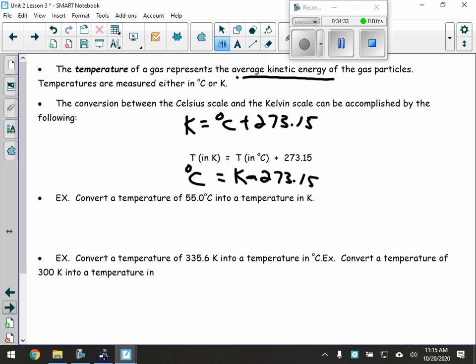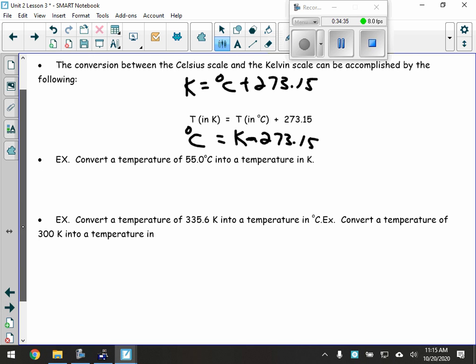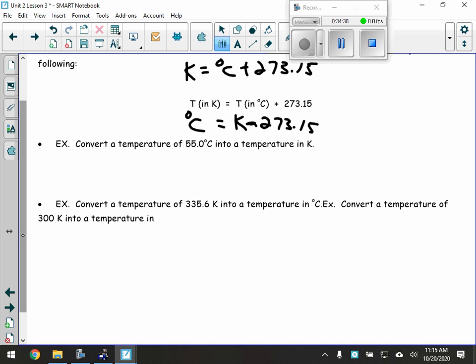So this is where we need to be a little bit careful here. Now I think on your sheet, 55 Celsius, is that what you guys have to Kelvin? So if I want to change 55 Celsius into Kelvin, I'm going to take the degrees Celsius and add 273.15. After a while, this is going to become second nature.